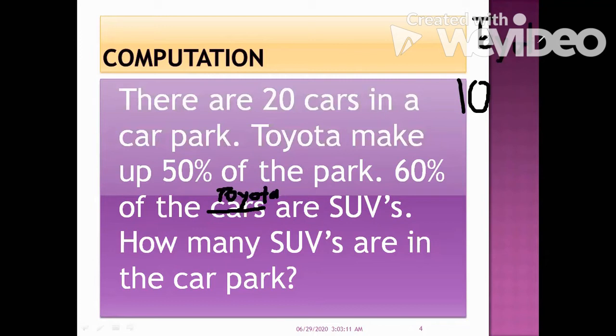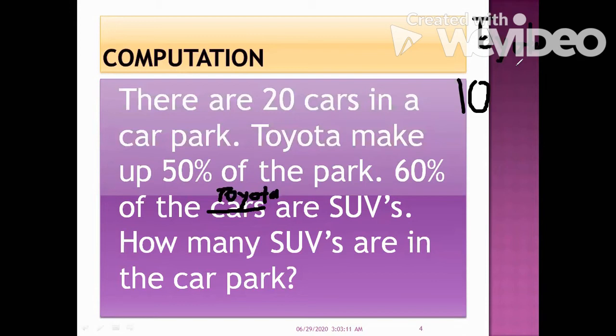But Toyota has all kinds of vehicles. They have pickups, trucks, sedans, SUVs, buses, everything. So 60% of the Toyotas are SUVs. How many SUVs do we have in the car park?